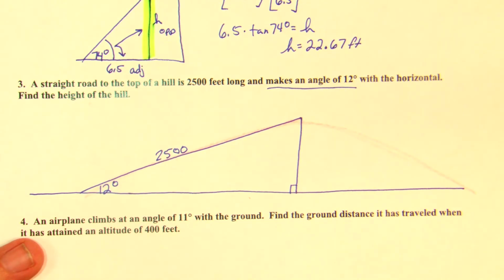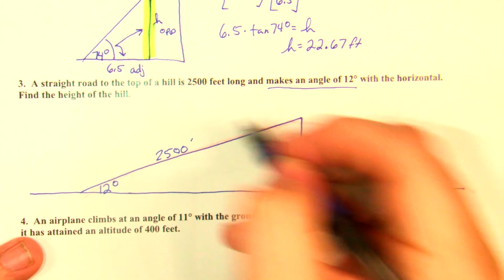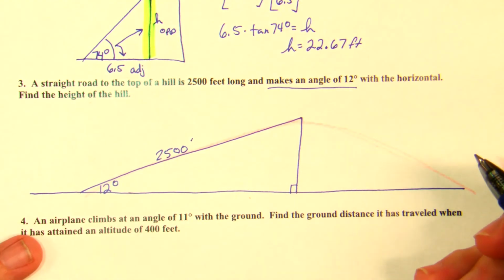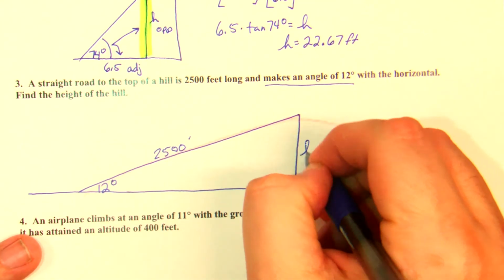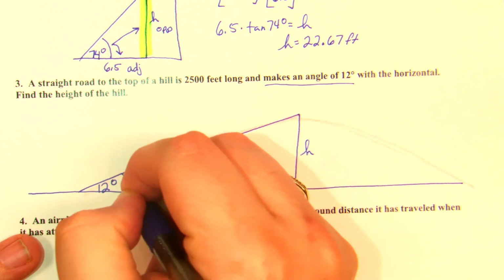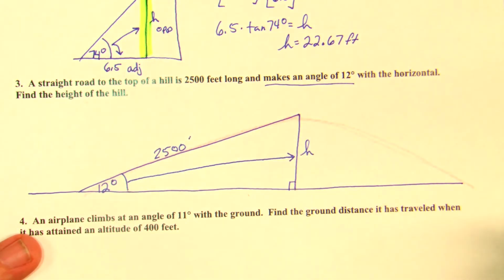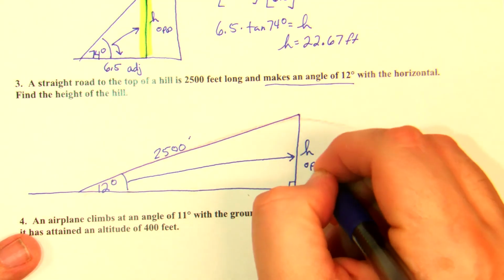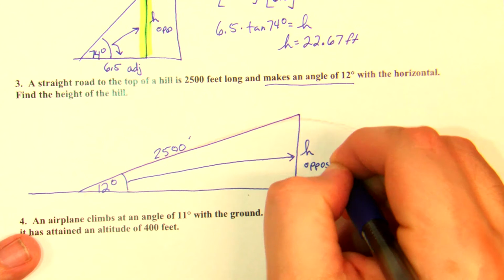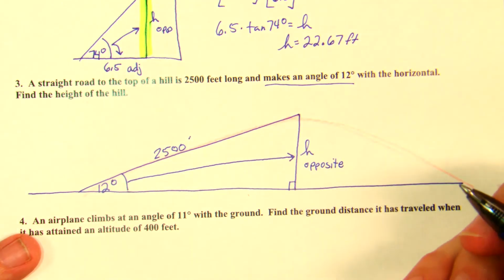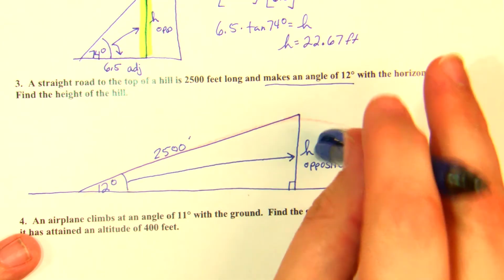If it took us 2,500 feet to get to the top of the hill, I need to figure out this value, h. What side is that? Opposite. So I have an opposite, I have a hypotenuse.